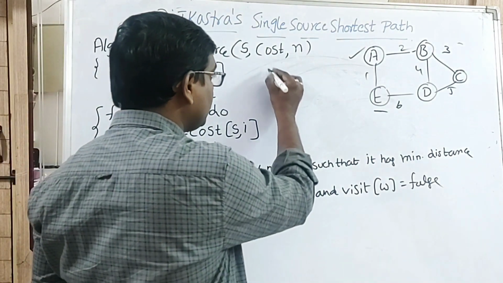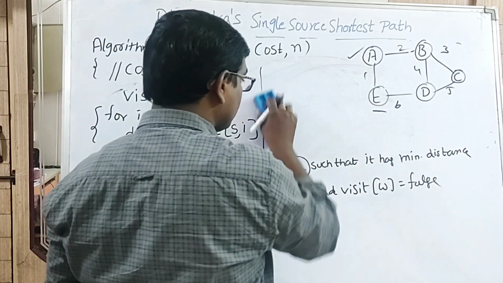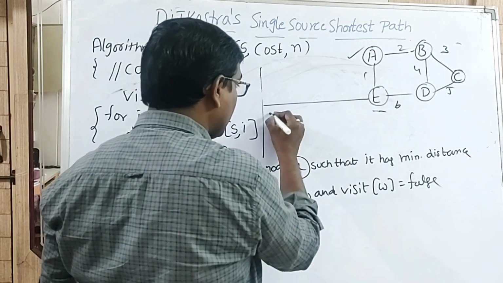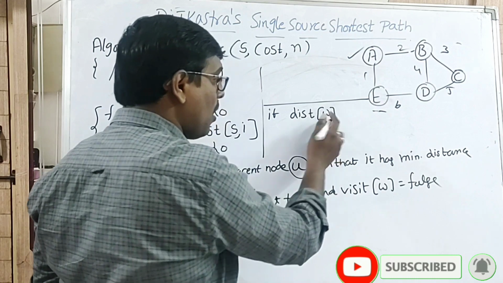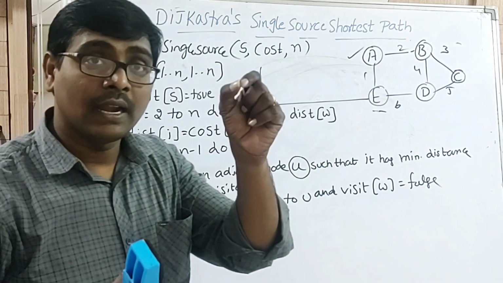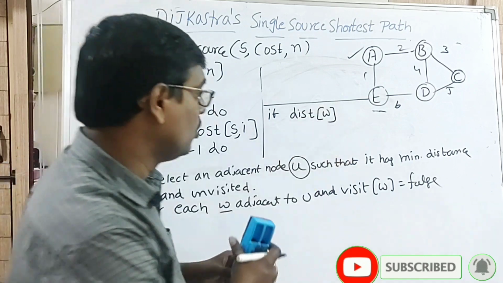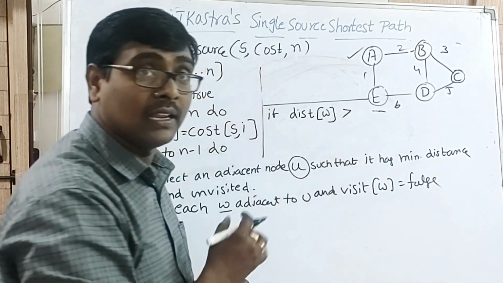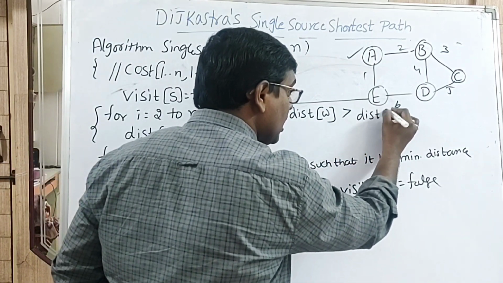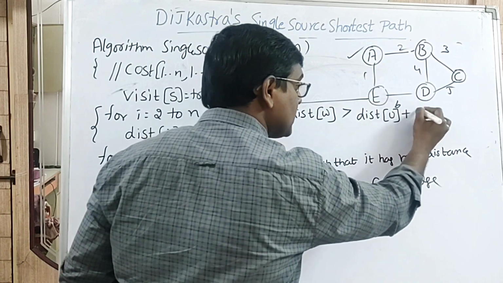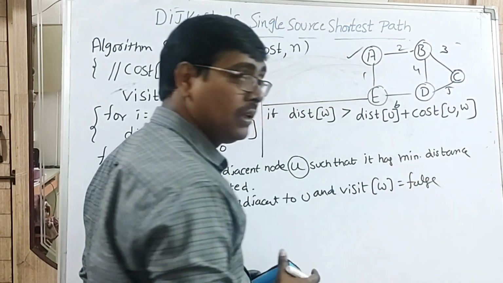If the node is not visited, then we are writing the condition. What is my condition? Here I am writing, if dist of W, what is dist of W? The direct distance from source to vertex W is greater than dist of U plus cost of U comma W. Understand the meaning?